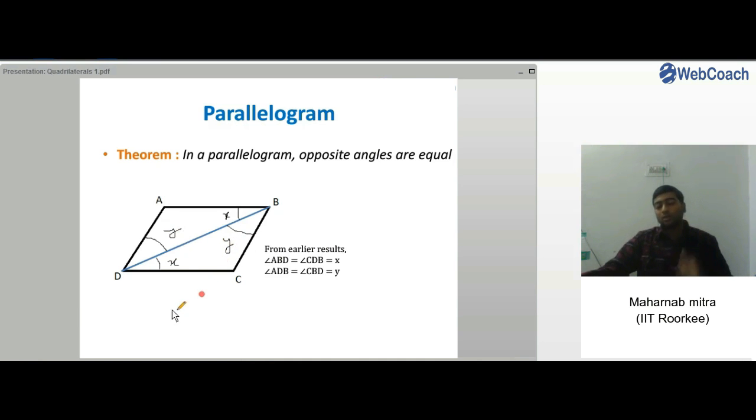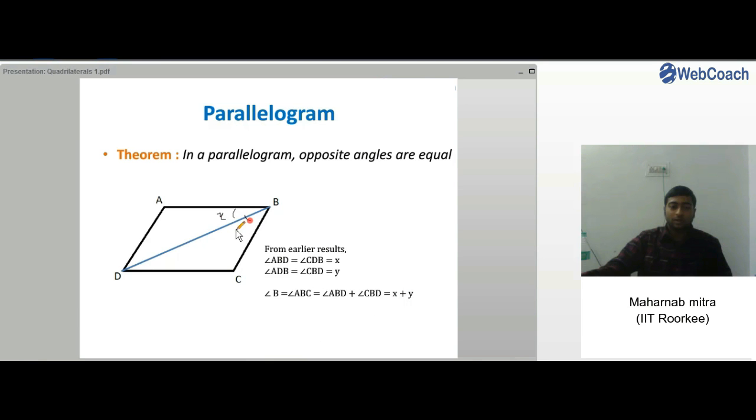And from here you can see that angle D is nothing but x plus y, whereas angle B is y plus x, which are both the same, right? So let us write that down. Angle B is x plus y, right? Angle B was x plus y, this was angle x, this was angle y.